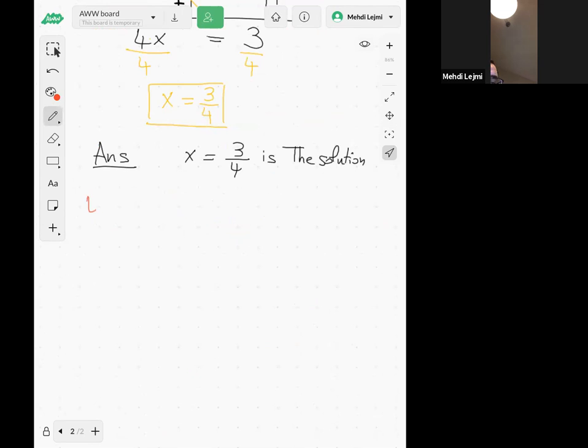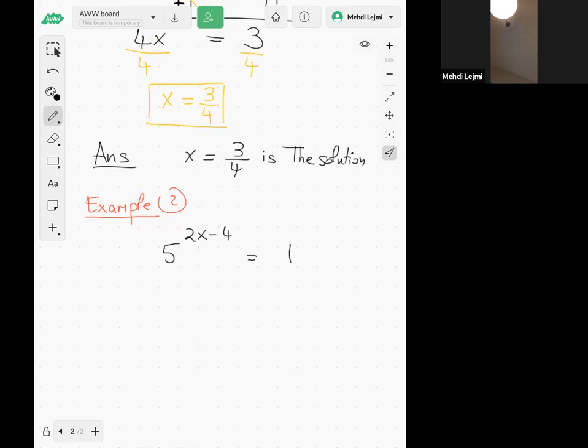Example number 2. So let's say you have 5 to the power 2x minus 4 equal to 1.